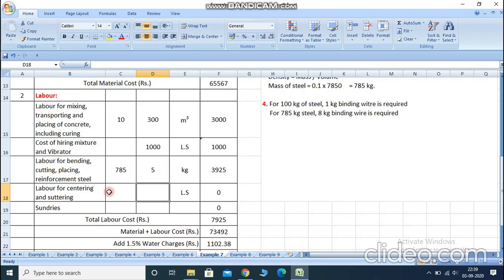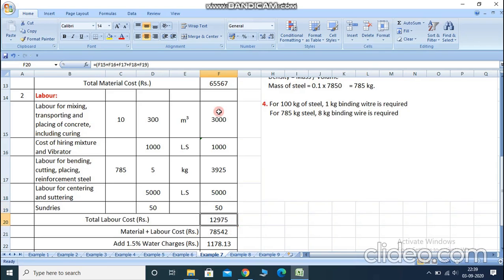Here a lump sum amount of 5000 rupees is given for centering and shuttering, and 50 rupees we take as sundries, an extra cost. Now summation of the 3000, 1000, 3925, 5000 and 50 rupees. So we got the answer 12,975 rupees.